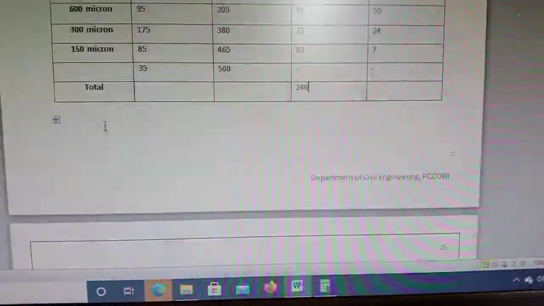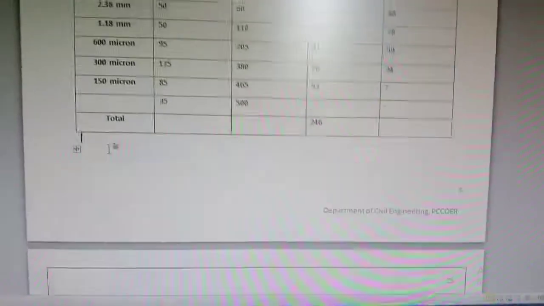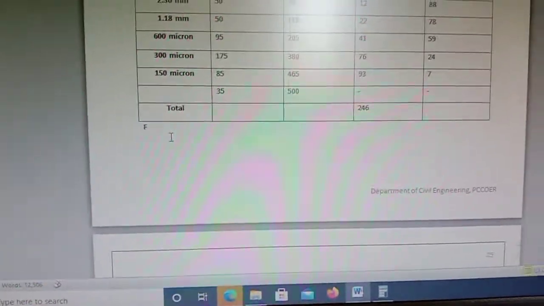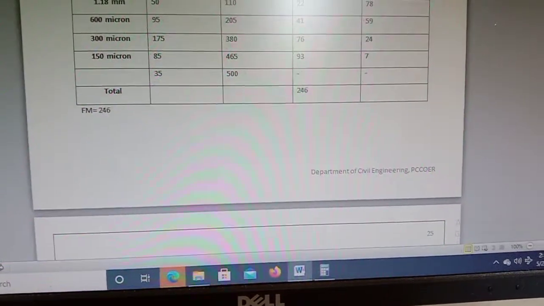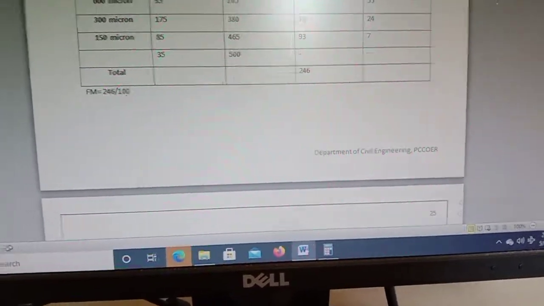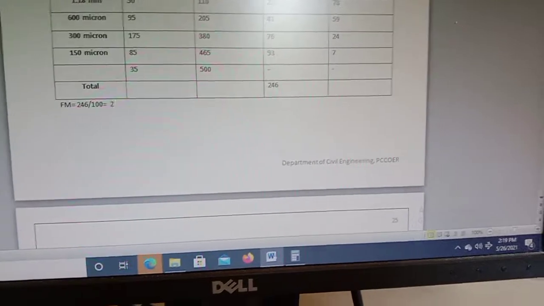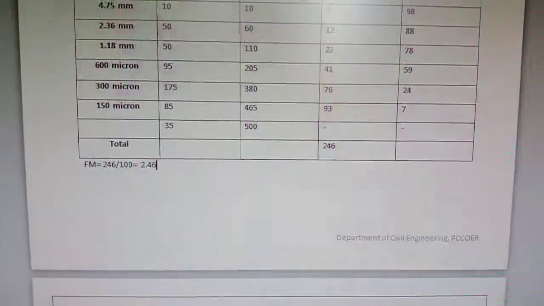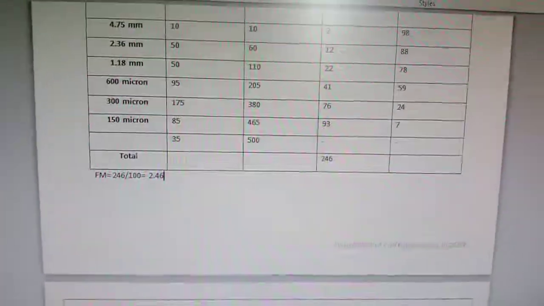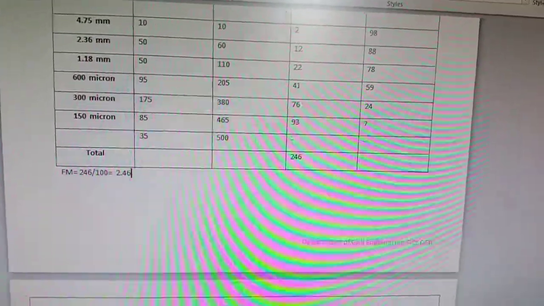Then fineness modulus is equal to the total cumulative percentage, 246, divided by 100. So in this case it comes to 2.46. So 2.46 is the fineness modulus of the fine aggregates for this case.